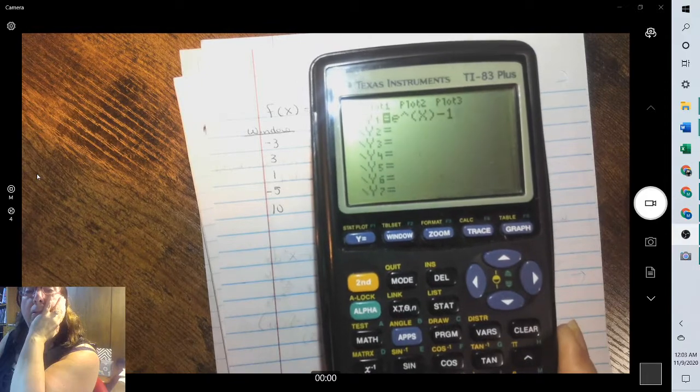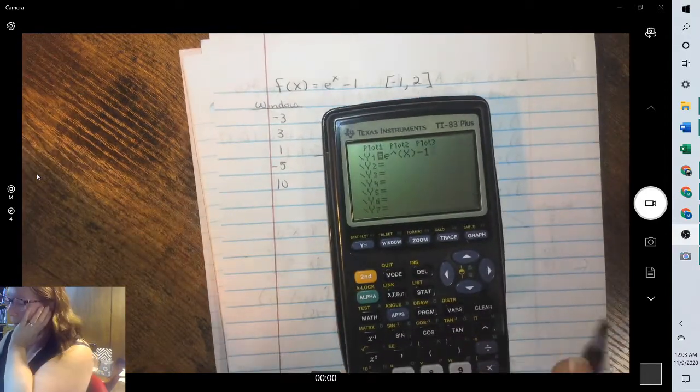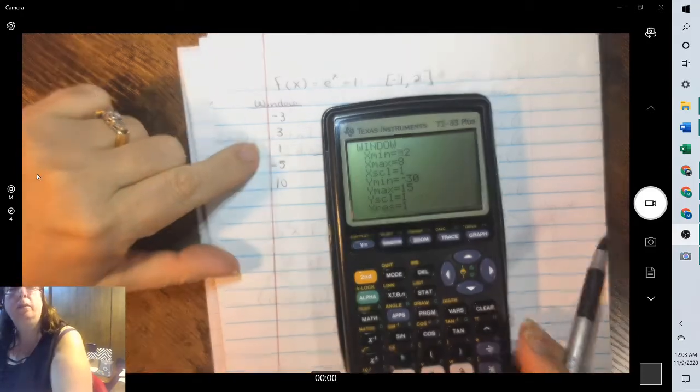E is where the natural log is, to the x, close the parenthesis, minus 1. And our window, click your window, negative 3, 3, negative 5, 10, and graph.